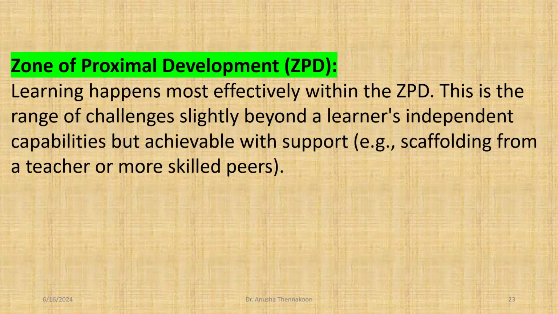Zone of proximal development is the range of challenges slightly beyond learners' independent capabilities, but achievable with support. It means there is a gap between what a learner can do individually and what a learner can do with the support of the teacher.